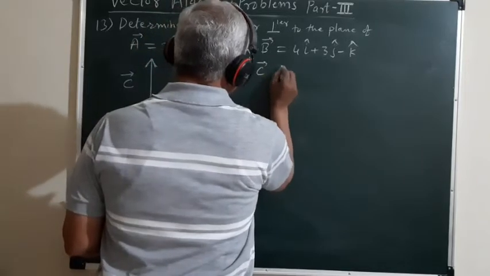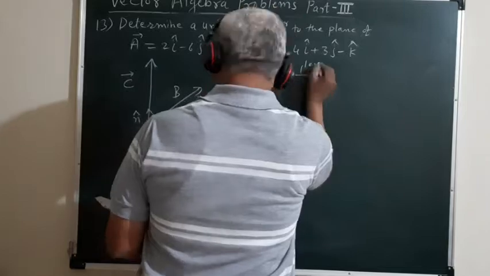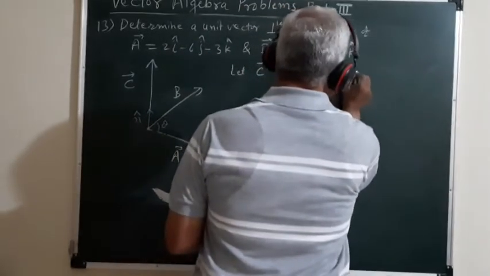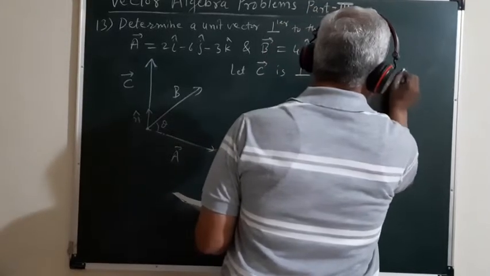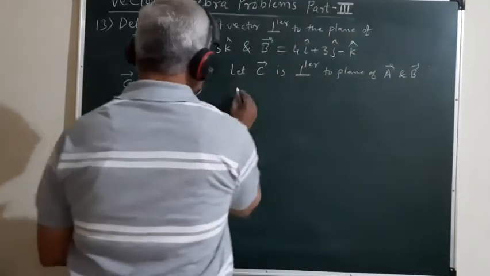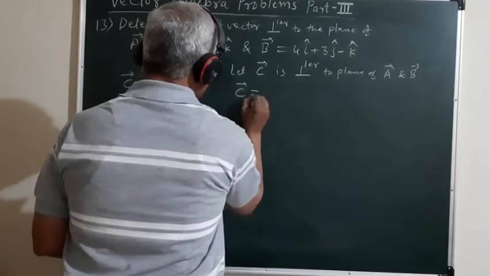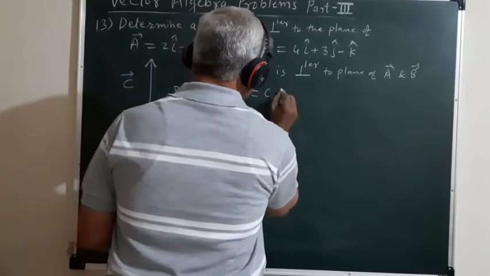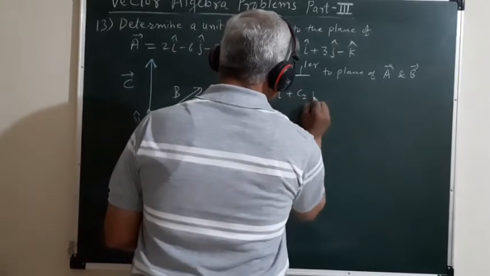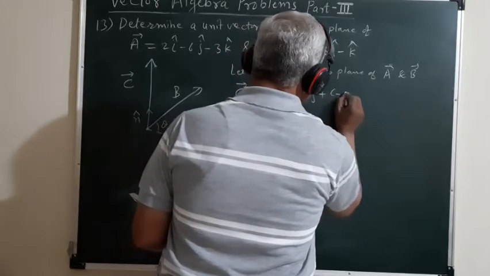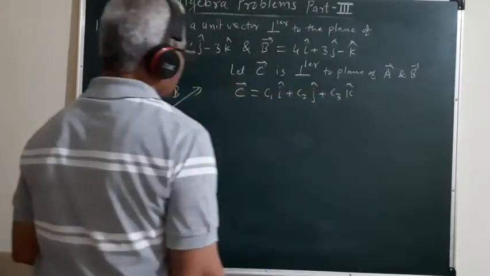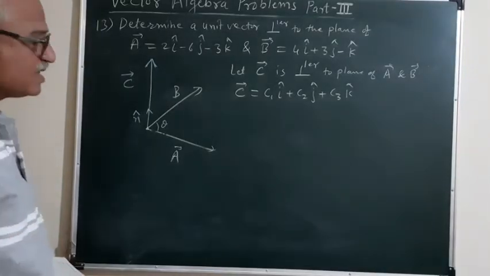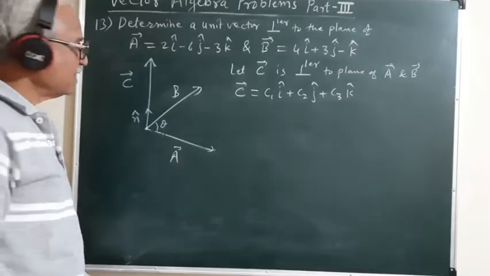This vector C bar can be expressed as C bar is equal to C1 i cap plus C2 j cap plus C3 k cap, where C1, C2 and C3 are the x, y and z components of the vector C bar.